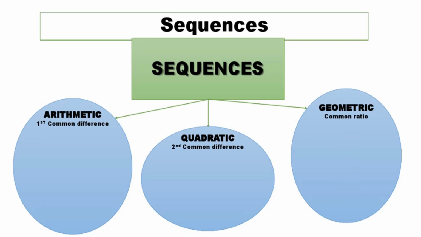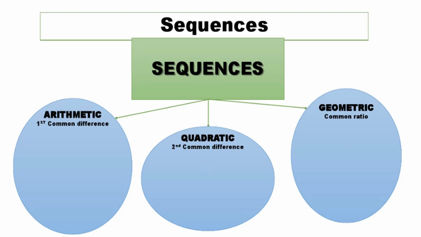So now, just roughly, how do you know that you are given an arithmetic sequence? You will know that you are given an arithmetic sequence if you have a first common difference. How will you know if you are given a quadratic sequence? You'll know that you are given a quadratic sequence when you get a second common difference.